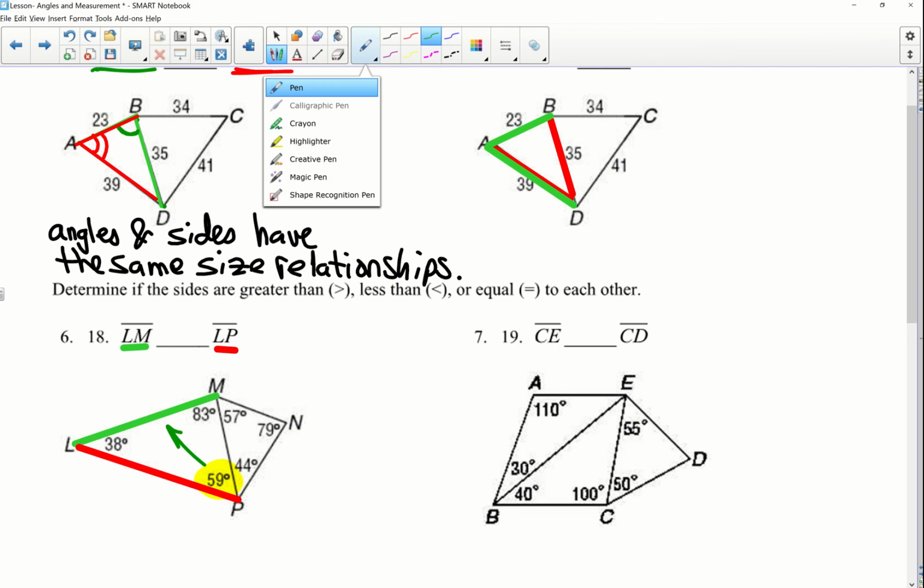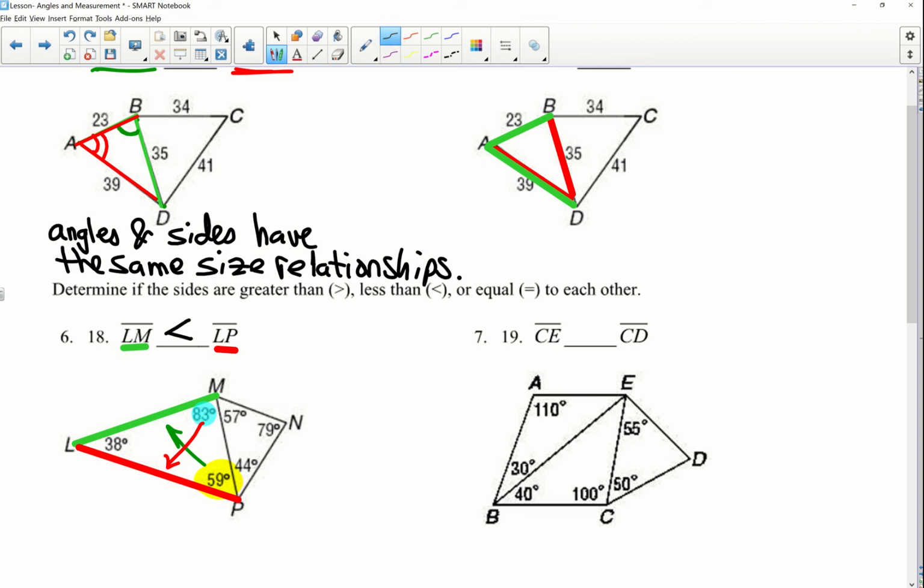And if I need to open up onto the red one, it would have to be the 83. So 83 is bigger than 59, so it would have to open up to a bigger line segment. Therefore LP is bigger, meaning that LM is less than LP.